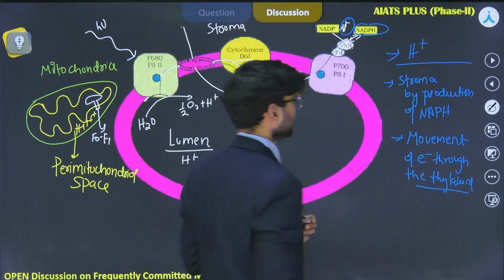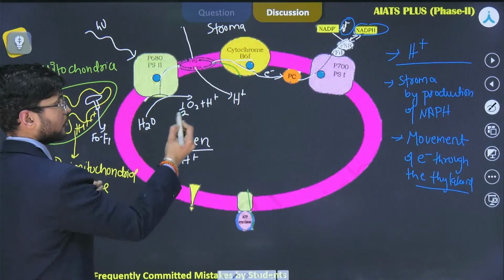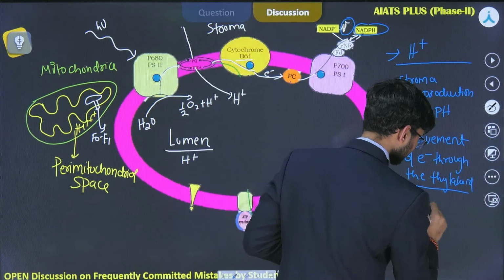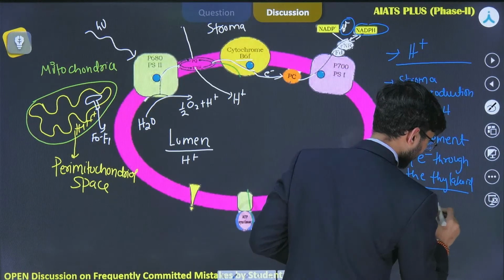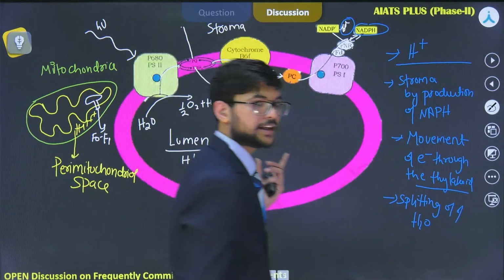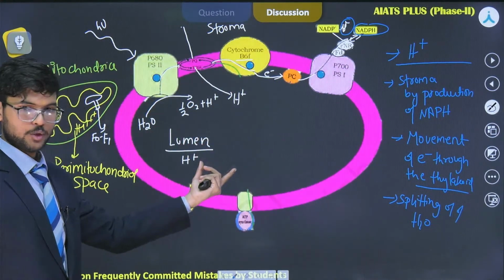That's one point, right? And another, hydrogen is accumulating because of the splitting of water. So due to the splitting of H2O, protons are also accumulating in the lumen. So there are various hydrogen ions now accumulated in the lumen.